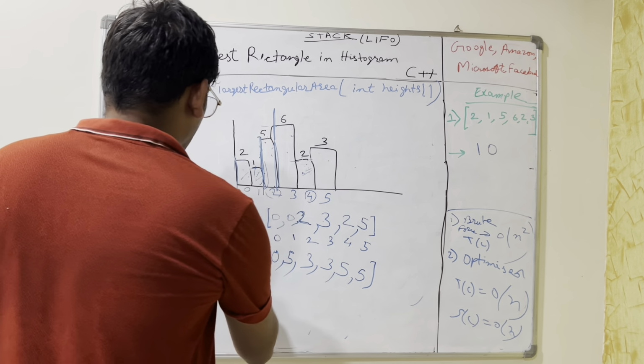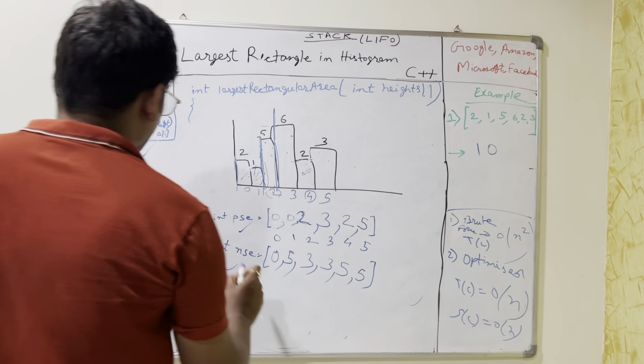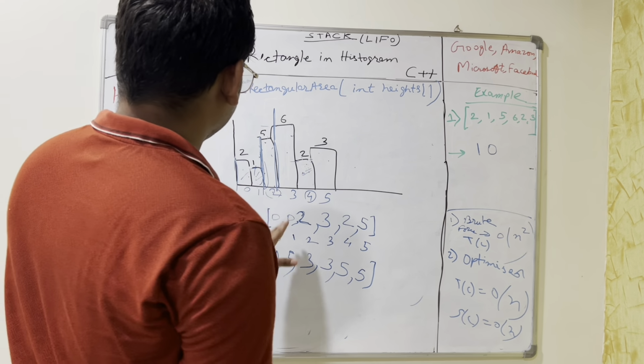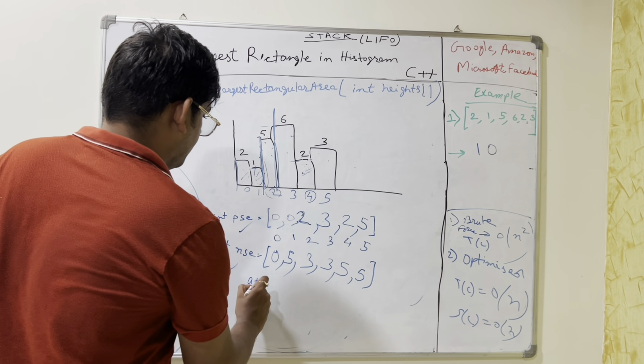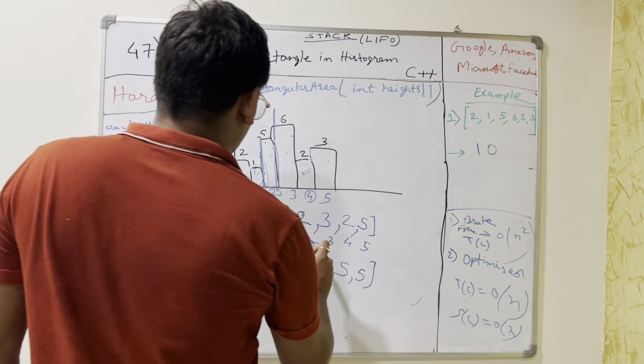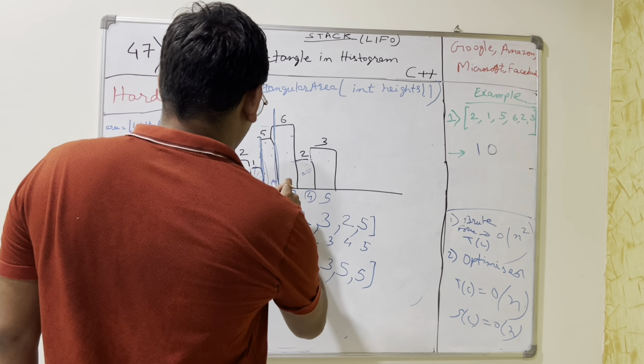So in this way we found the previous smaller and the next smaller, and then we will use this formula to find the area. We can see that the area will be max for this second bar.